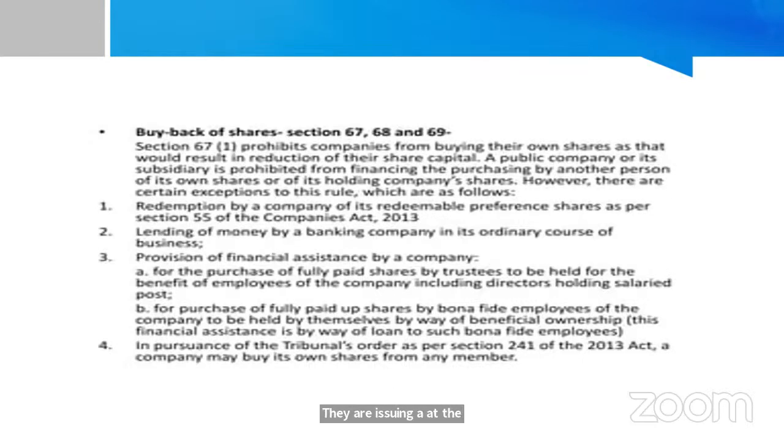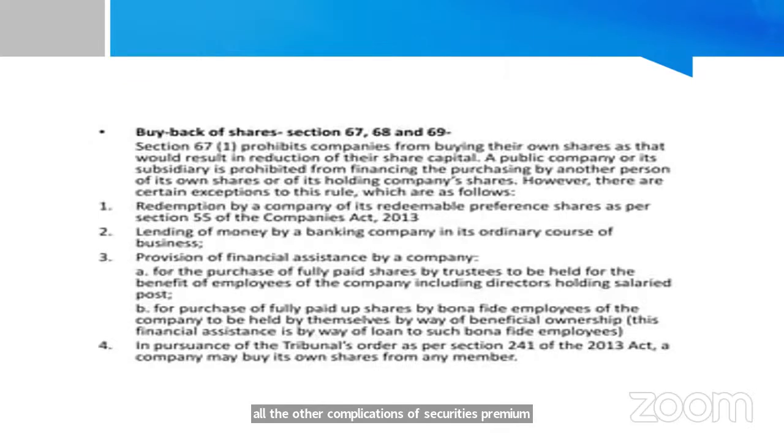That extra amount of, let's say, 140 rupees per share has to be transferred to the securities premium account. It has to be kept in the securities premium account. All the other complications of the securities premium account, I will not go into detail.